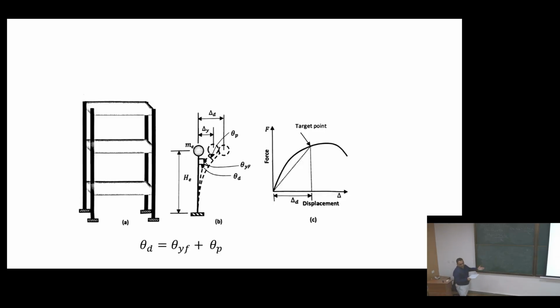So what it allows us to do, if you recall our previous examples when we were doing direct displacement-based design, I was providing you with the height of the beam. This equation will allow us to determine the height of the beam based on what plastic rotation we are assuming or achieving. And how is that?